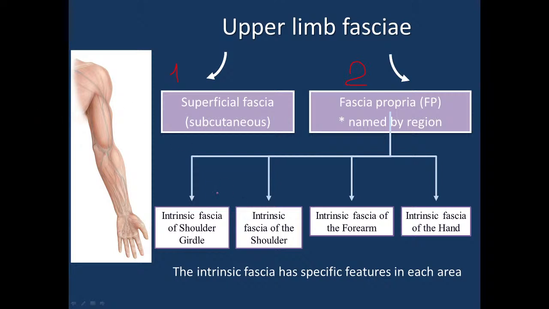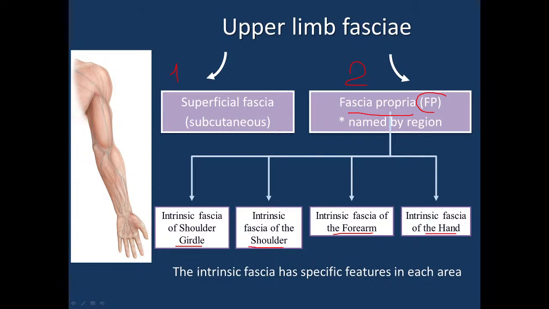Superficial fascia is located under the skin, but fascia propria, it is a Latin name also, abbreviation FP, has different groups which cover different groups of muscles: shoulder girdle, special fascia of the shoulder, fascia of the forearm, and even the intrinsic fascia of the hand.